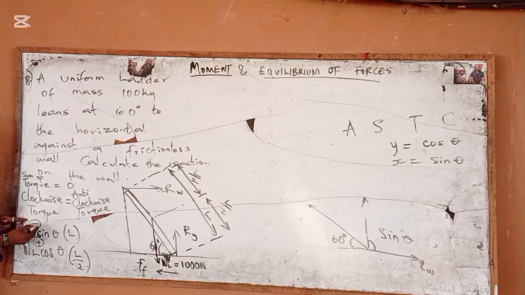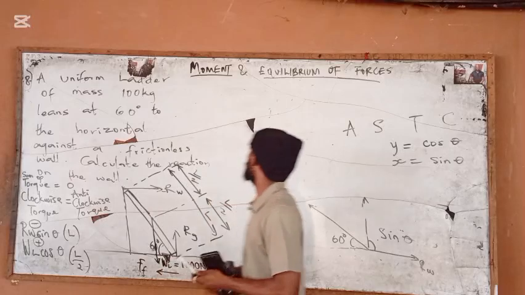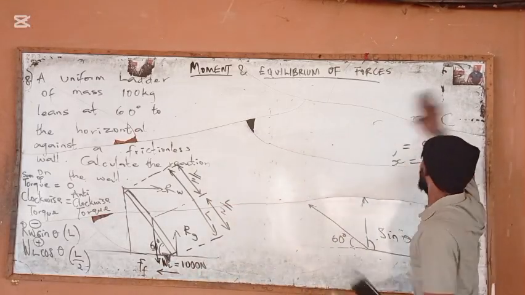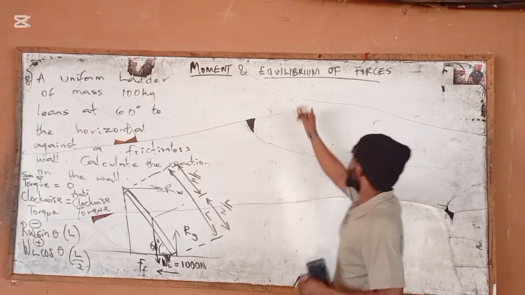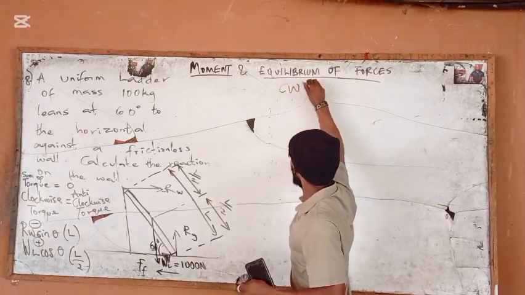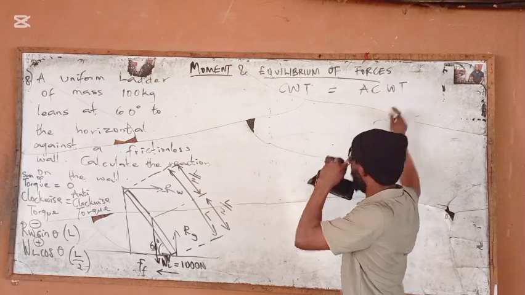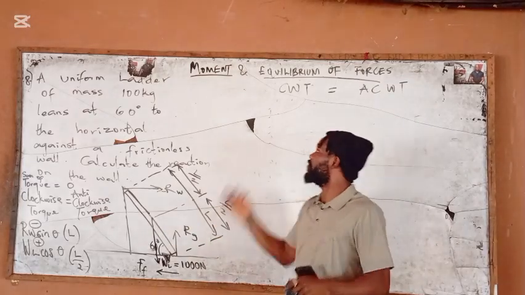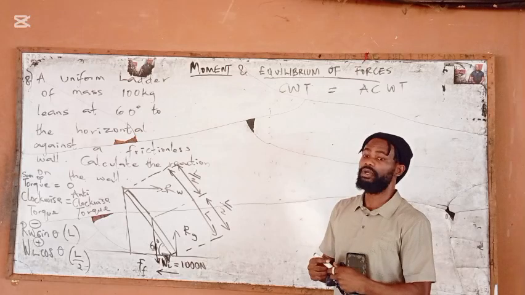So we said that this one is clockwise, this one is anti-clockwise. Obeying the principle that clockwise and anti-clockwise torque must be equal, that is where I now put all those things in correspondence, so that clockwise torque will be equal to anti-clockwise torque. When we put it in its equivalence, we don't have reason to put those minus signs.